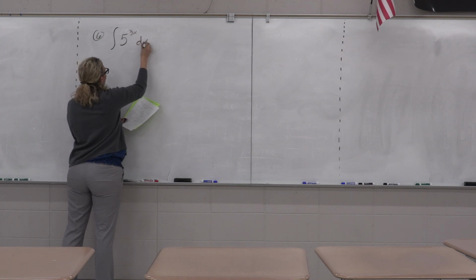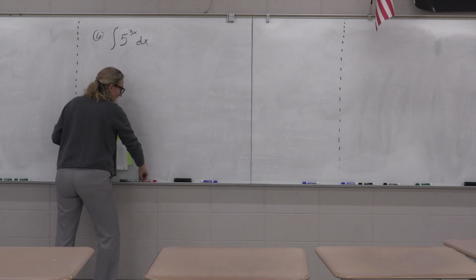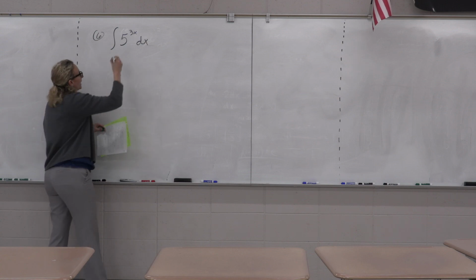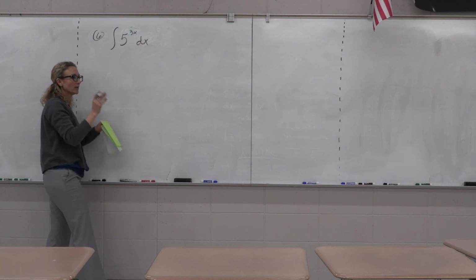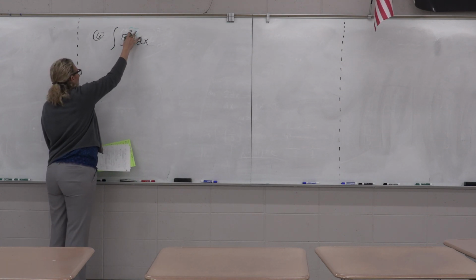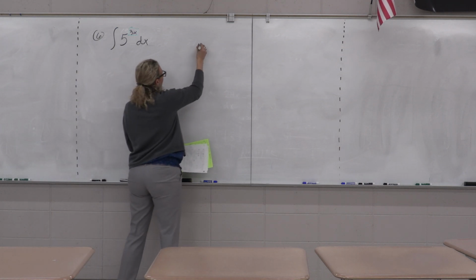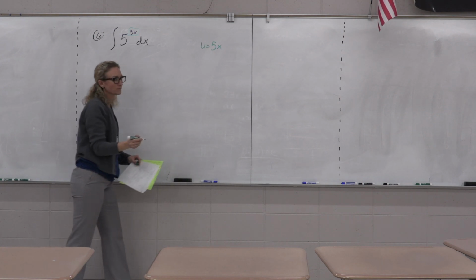Definitely, this is using that a to the x rule. But that rule only works as it is on the green sheet if it is just an x. So what you have is a composition up in there. You have to let that be the u. If it's anything other than an x, you have to do a u-substitution.